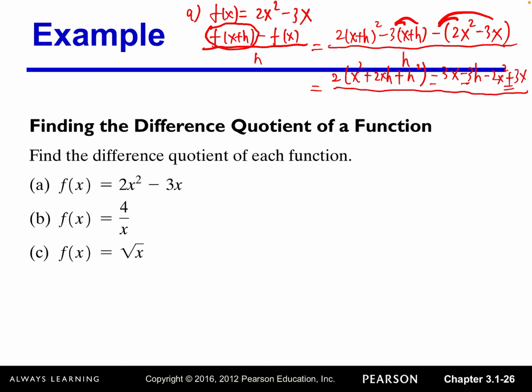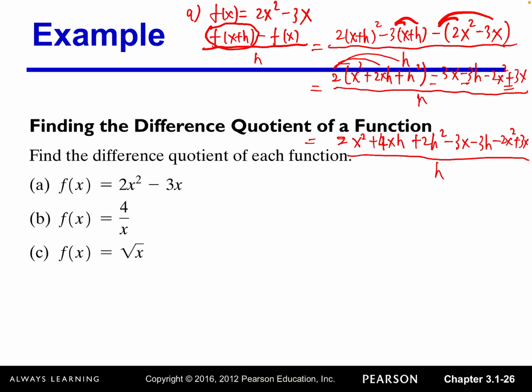That's the numerator, and the denominator is divided by h. We have one more parenthesis to eliminate, multiplying every term by 2. So that's 2x squared plus 4xh, sorry, plus 2h squared, and then minus 3x minus 3h minus 2x squared plus 3x. That's the numerator, and the denominator is still h.